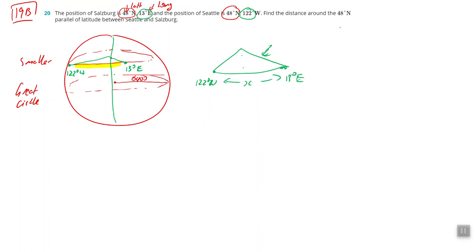Now there's a cheat formula you can use to get the radius, because the radius of a small circle is given by 6,400 cosine of the latitude. Okay, so we know the latitude is 48 degrees. So all you need to do is use your CAS calculator.